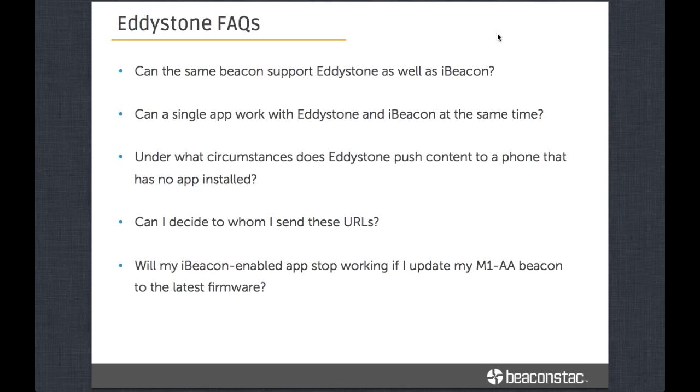Okay. And under what circumstances does Eddystone push content to a phone that has no app installed? How does that work? Oh, great question. This is something that comes up fairly frequently. So the only way that Eddystone can work with a device that does not have a compatible app installed is to transmit using the Eddystone URL packet.